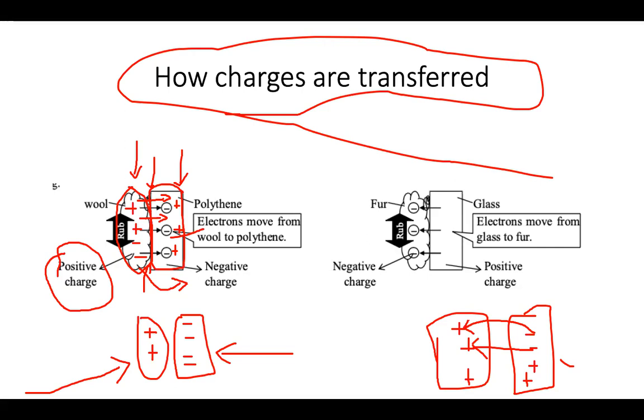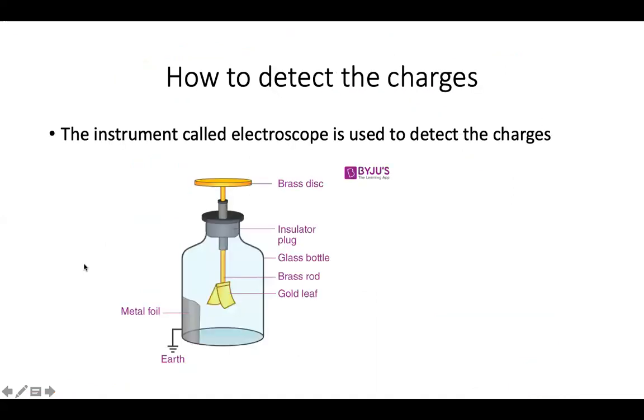So which instrument is that? That instrument is called the electroscope. So the electroscope is the instrument that we use to detect the charges that are possessed by an object.